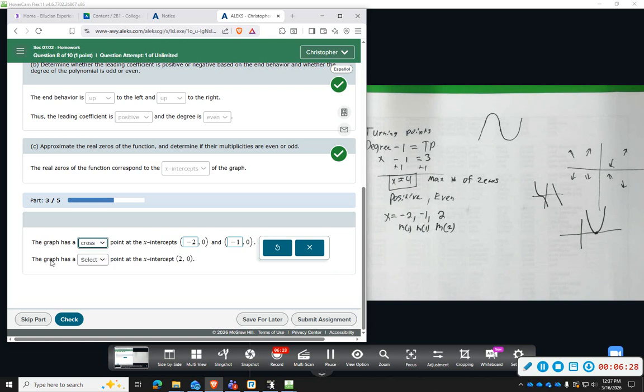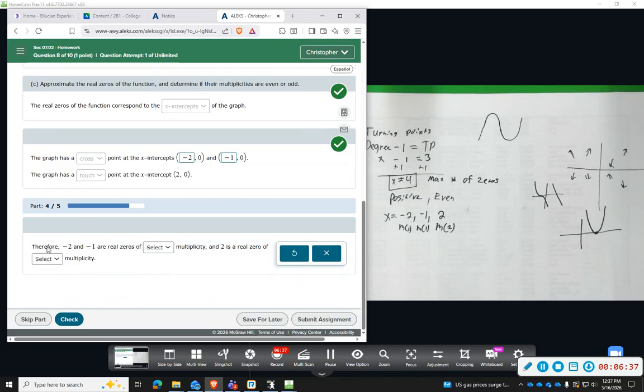They cross, and then the graph touches and turns around at (2, 0). And then it says, therefore, -1, -2 are real zeros of odd multiplicity, and 2 is a real zero of even multiplicity.